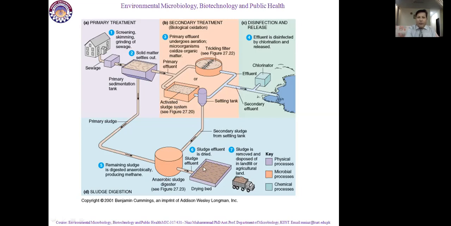Sludge effluent, we have to dry it. Sludge effluent is dried on a bed. Water will evaporate. All nutrients which were present in the sewage material will be dried over here. This sludge is moved and disposed of in landfill or agricultural land as fertilizer. This is the most efficient and active fertilizer for plants. So here we can see the treatment of the sewage water.